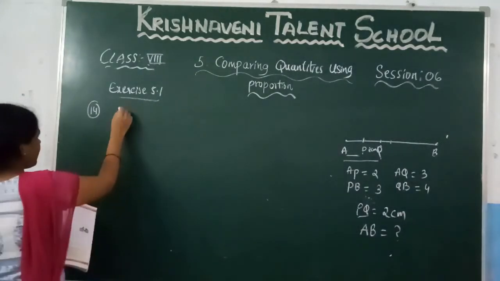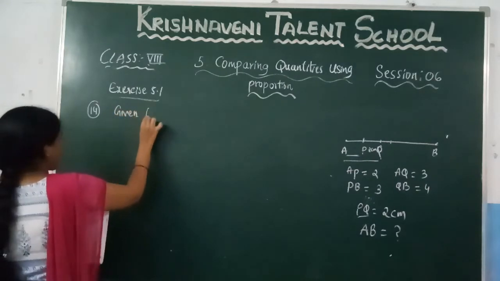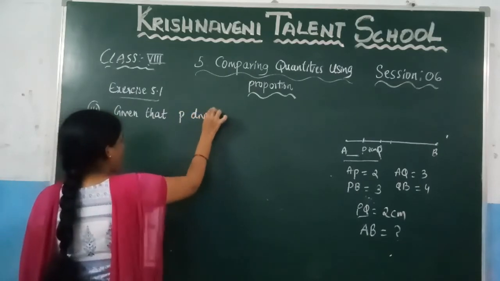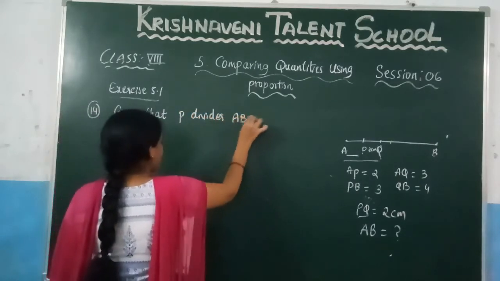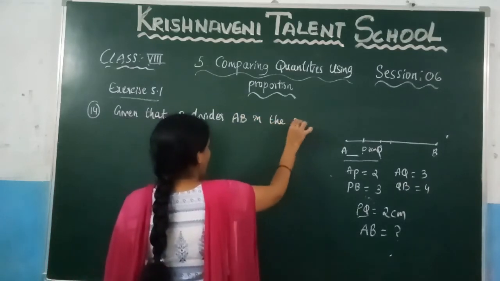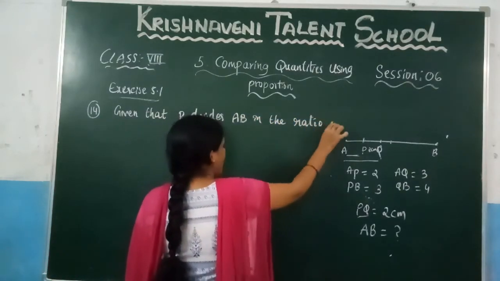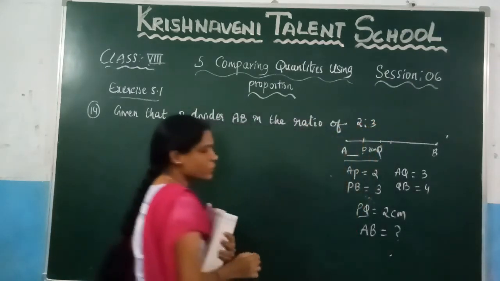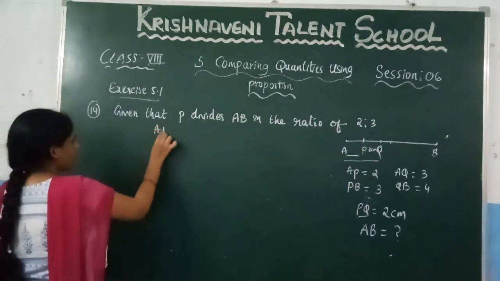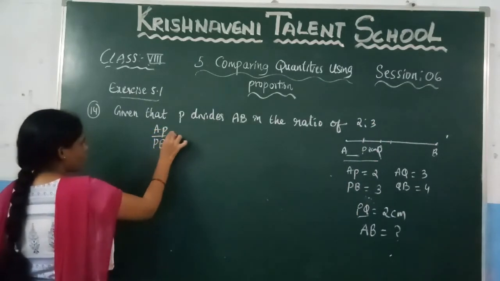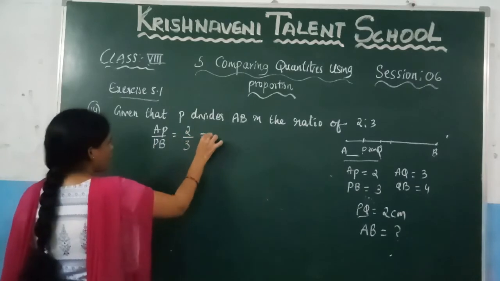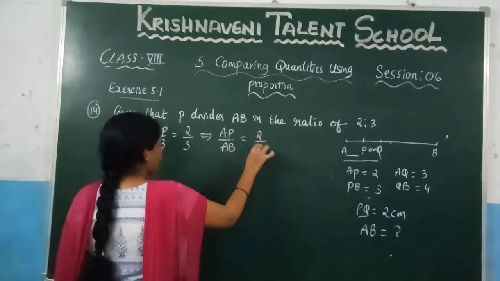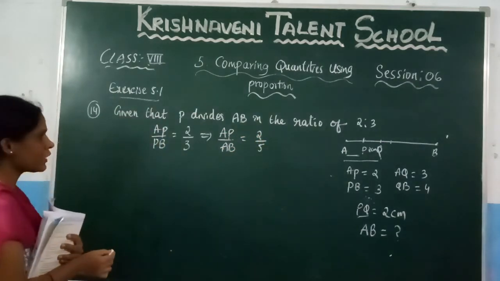What they have given here: given that P divides AB in the ratio of, how much have they given in the ratio? 2:3. So we can write AP by PB is equal to 2 by 3. From this you can write AP by AB is equal to 2 by 5. Just now I have explained, so I am writing here directly.